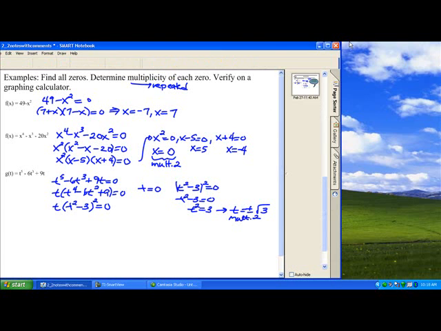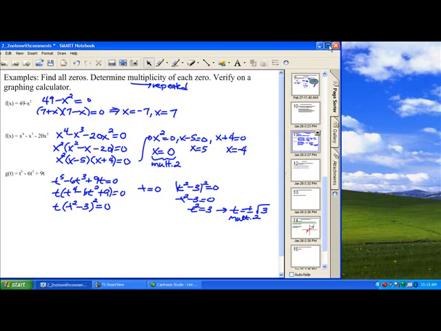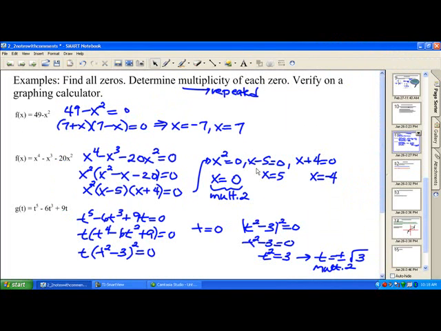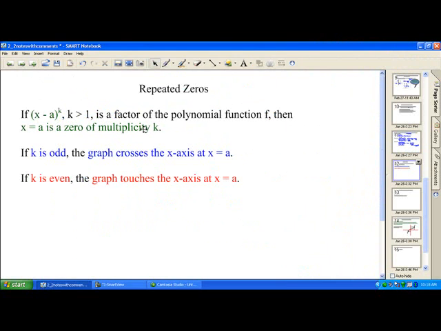So I actually have that information detailed for you on this next slide. So here's some information you need to know. Repeated zeros. If x minus a to the k, where k is greater than 1, is a factor of the polynomial function f, then x equals a is a 0 of multiplicity k. If k is odd, the graph crosses the x-axis at that point.